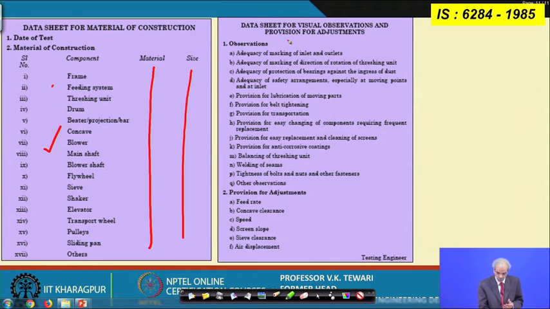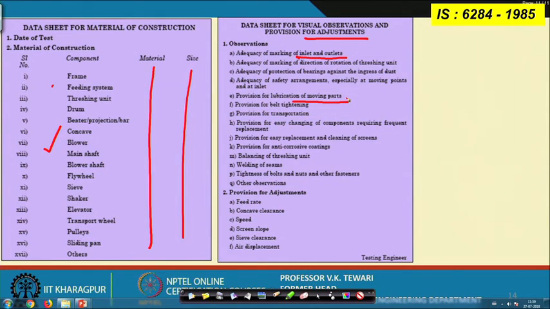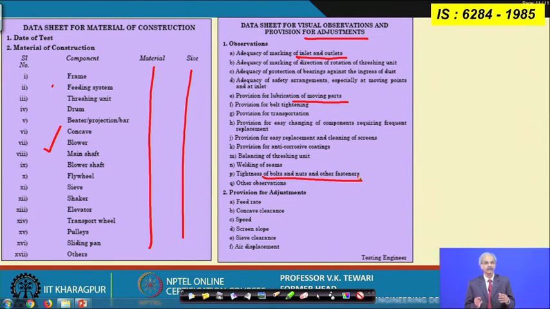Similarly, the data sheet for visual observation is very important: visual observations and provisions for adjustments many a time. So, adequate marking and inlet and outlet, you just see, these are important. Similarly, provisions for lubricating moving parts, whether there are provisions or not. I am just picking up some of these parameters, I need not go through all of them. If you go through the details, you will definitely have a look. Say for example, tightness of belts and nuts and other fasteners, how tight they are, whether they are loose.